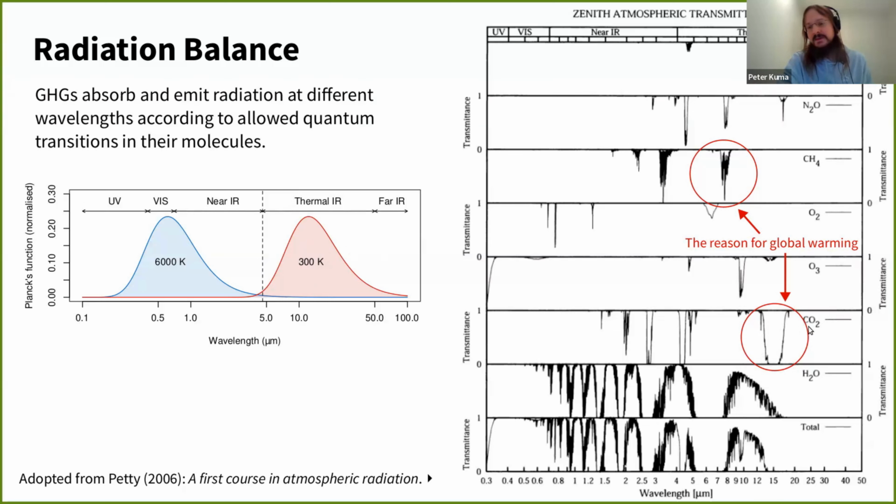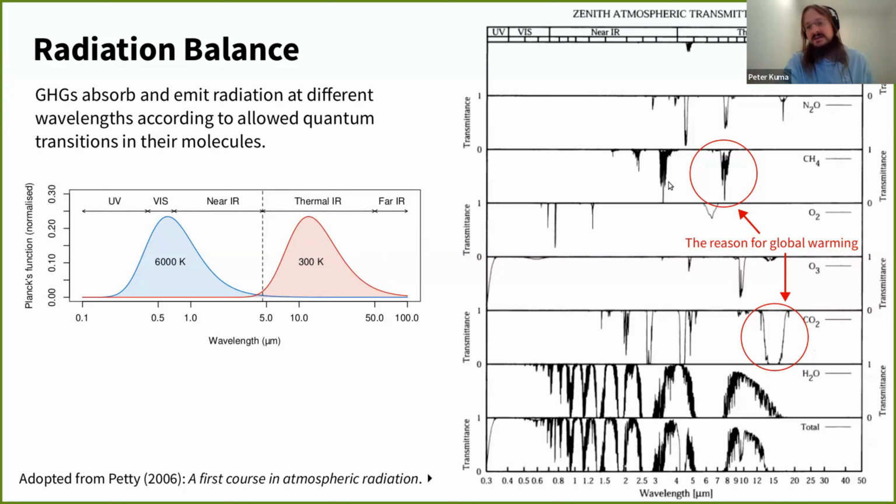That means the molecules of carbon dioxide absorb the terrestrial radiation emitted by the Earth's surface. That's due to quantum effects, like vibrational and rotational transitions in the CO2 molecules, and in some cases also electronic transitions, but that's mostly for higher frequency radiation.